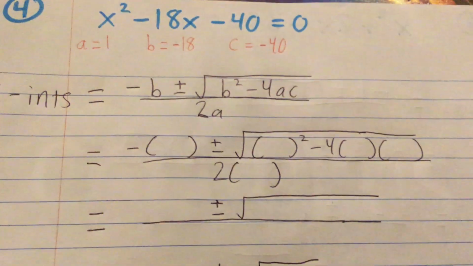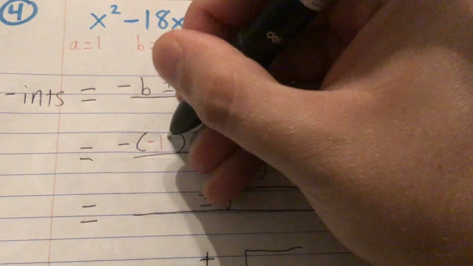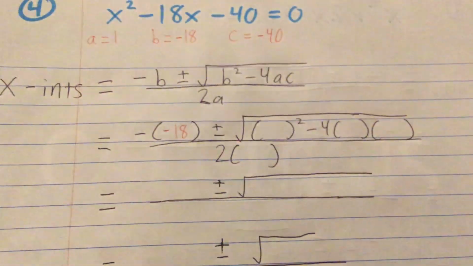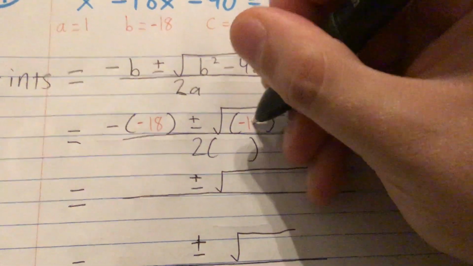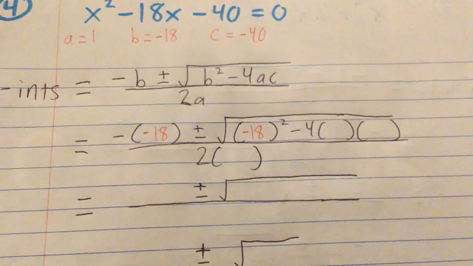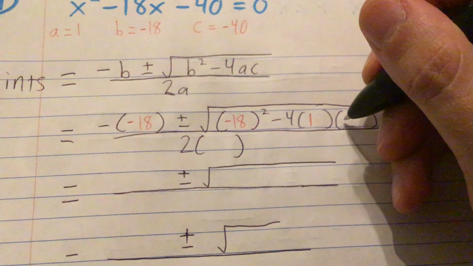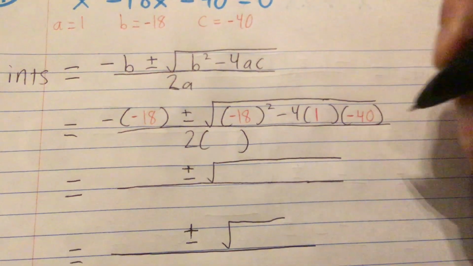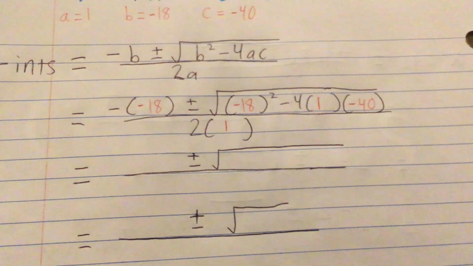So now that we know the quadratic formula, B is equal to negative 18, so I'm going to plug in negative 18 for that negative B part, plus or minus the square root of negative 18 quantity squared, minus 4 times A times C, all that over 2 times A. Let's clean this up now.